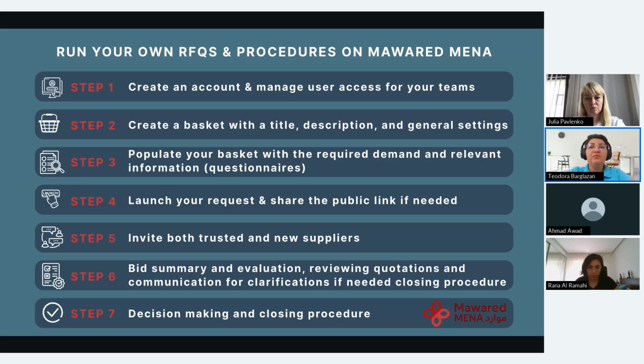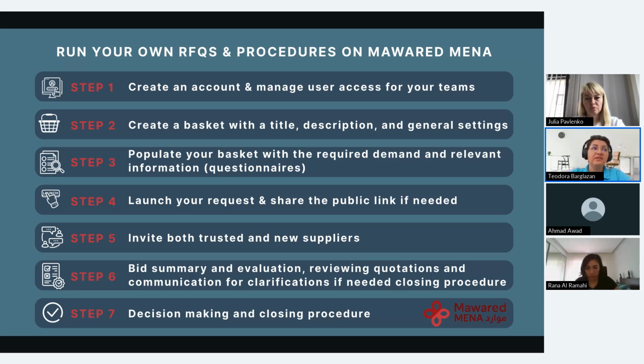In step four, you can, through the platform, add both existing suppliers, so trusted suppliers that are already in the network, but you are also able to onboard new suppliers with our support, of course.